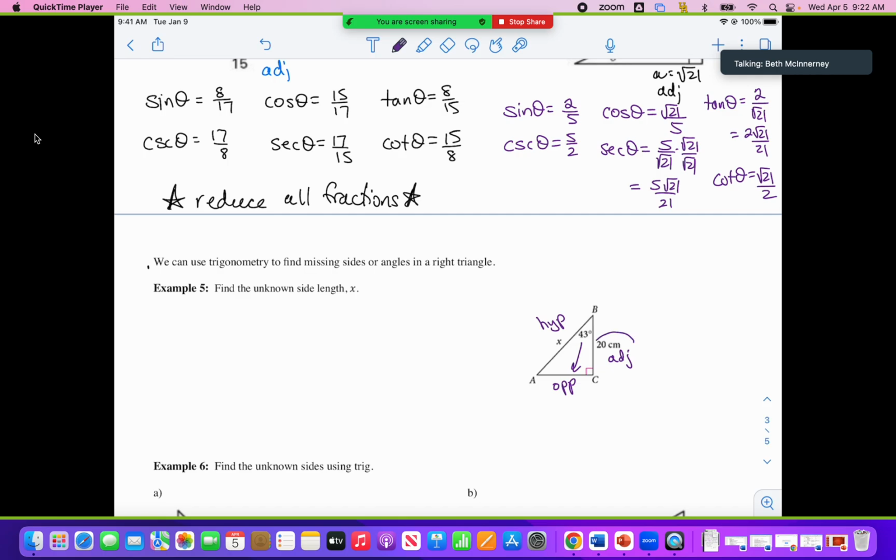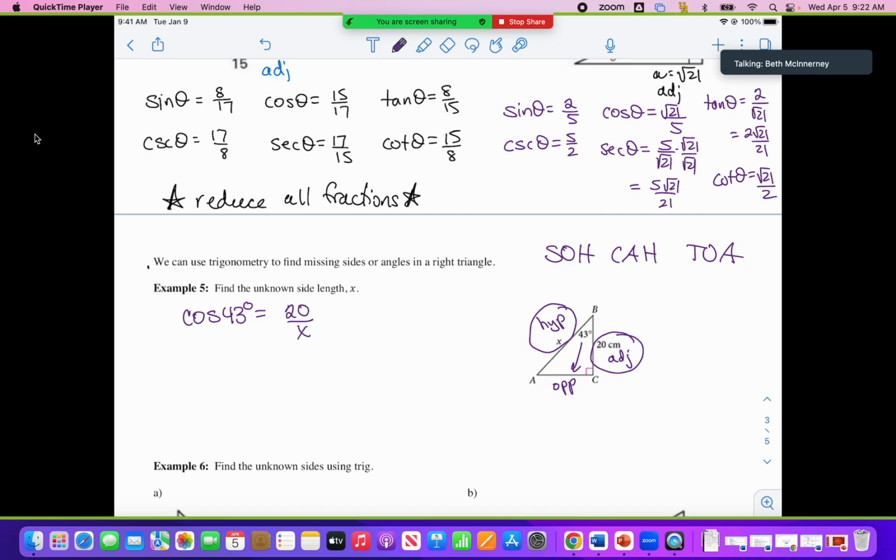So 20 is the adjacent. The one I'm looking for is the hypotenuse. So out of SOHCAHTOA, which one would contain the adjacent and the hypotenuse? Cosine. So watch what you're going to write down. Cosine 43 degrees equals 20 over x.